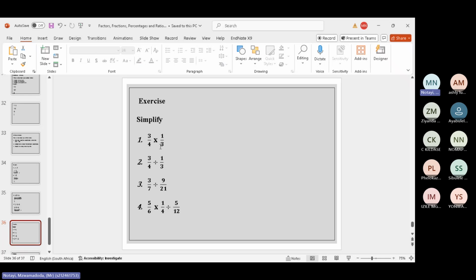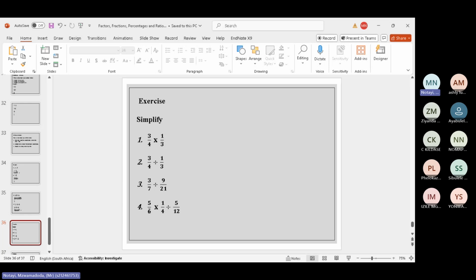There is an exercise for you guys. Simplify the following fractions. You have 3 over 4 multiplied by 1 over 3. Then 3 over 4 divided by 1 over 3. Number 3, 3 over 7 divided by 9 over 21.